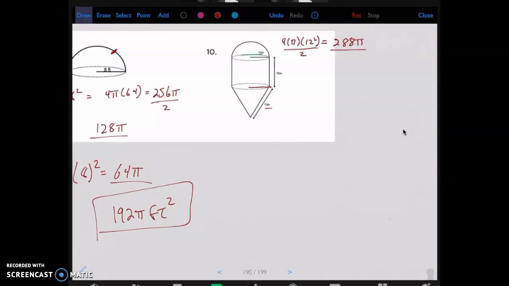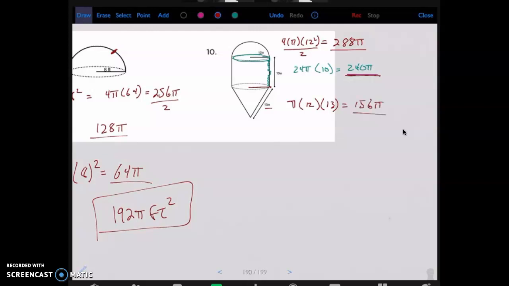So I have to find the circumference, and then tower it up, multiply by the height. So the circumference is 24 pi times the height, which is 10. So that's going to be 240 pi. And then I need to add the lateral area of the cone, which is pi times r times L, 13 times 12, it's going to be 156.